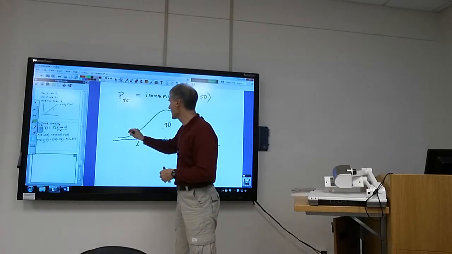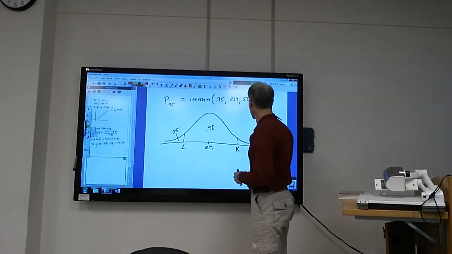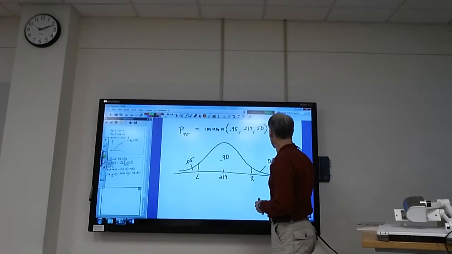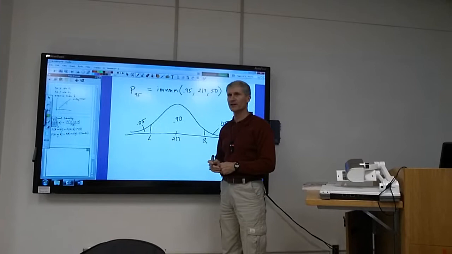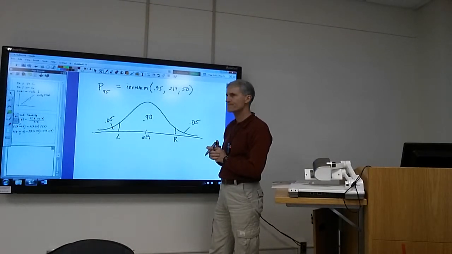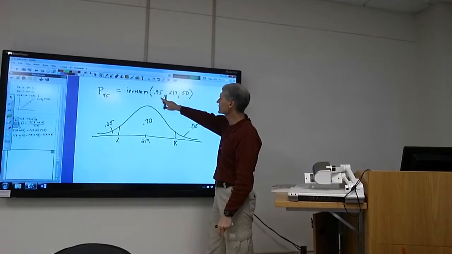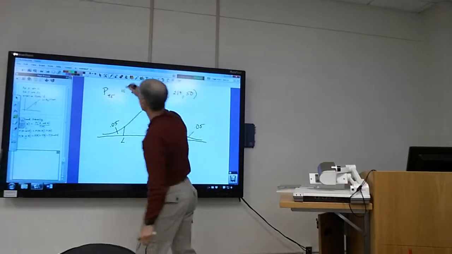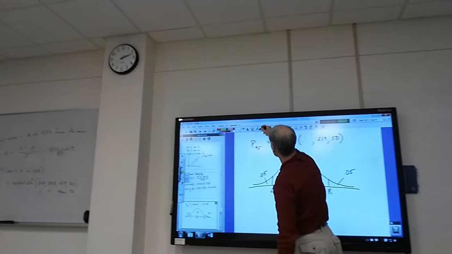Half of that's going to be down here, and half of that's going to be up here. So if I want to know what L is, what do I do in my calculator? The inverse norm, just like this, only instead of 0.95, what do I enter right there?